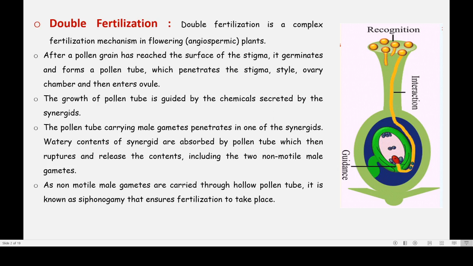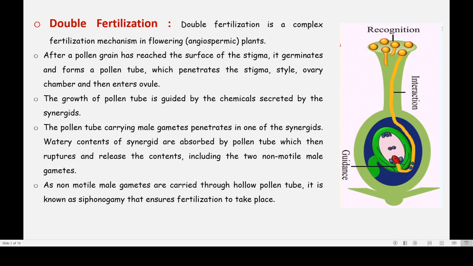While doing so, one of the synergids degenerates and gives way to the pollen non-motile male gametes. This degeneration of the synergid gives way to the pollen, or you can say the male gamete.